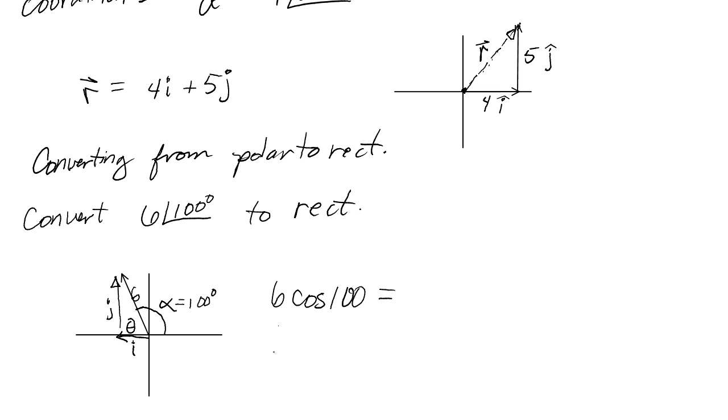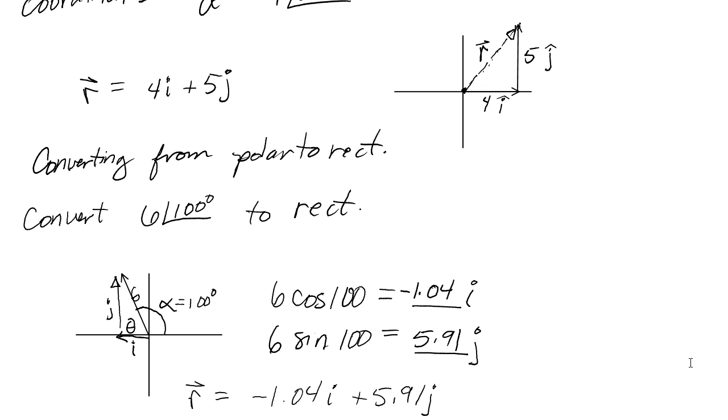And then we're going to also do 6 times the sine of alpha, and that's going to give us the j component. So let me calculate those. The answer is that the vector r is equal to minus 1.04i plus 5.91j. Negative i value means it's going to the left. Positive j value means it's going up. This is how we convert from polar to rectangular.